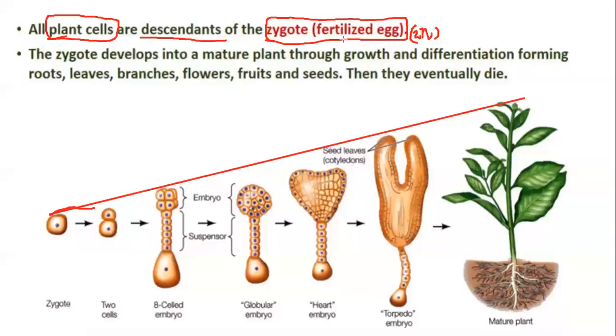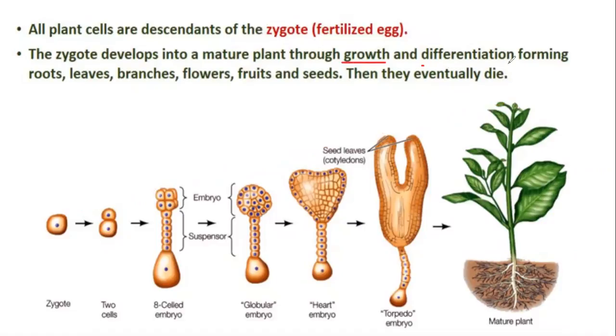The plant makes a journey from the single-celled embryo to a mature plant. The zygote develops into a mature plant through different processes, for example growth and differentiation, and they form certain parts of a plant such as root, leaf, branches, flowers, fruits, and seeds.